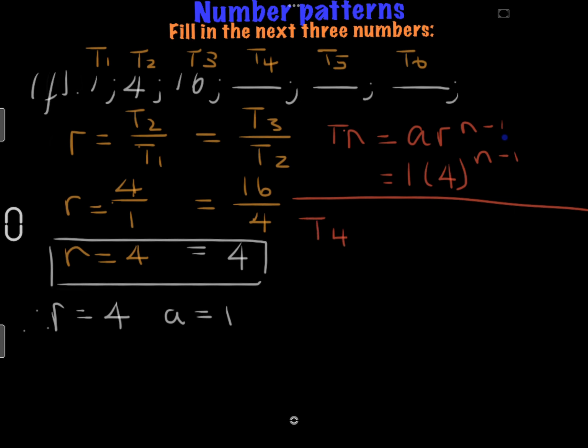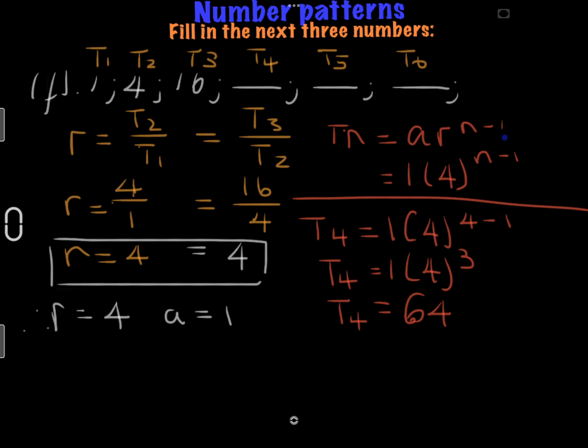So term 4 is equal to 1 times 4 raised to the power of 4 minus 1, which is the third power. We have 1 times 4 cubed. The answer that we get here is 64. So term 4 is 64.